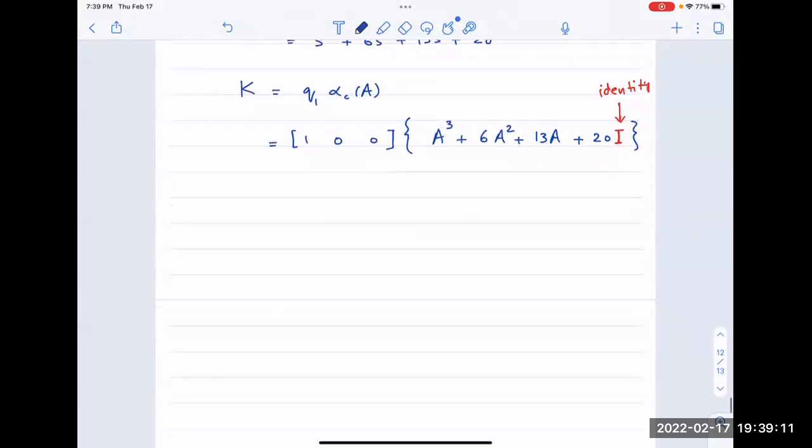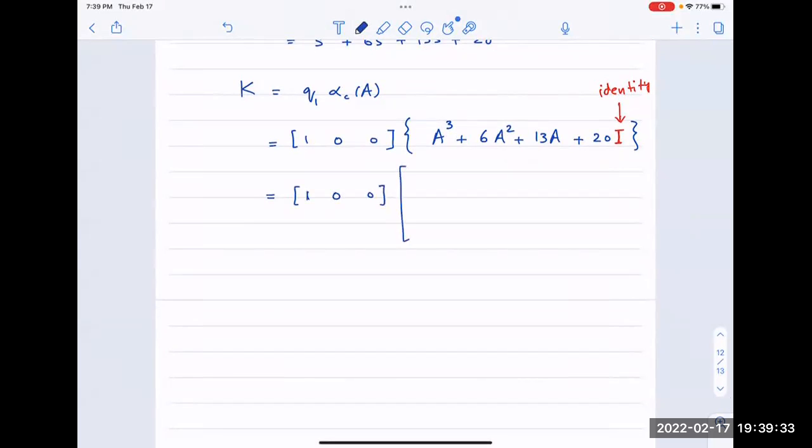All right, so I'm not going to compute it here. Obviously, this is more convenient for computers to do: A cubed plus 6A squared plus 13A plus 20I. But I'm just going to write the result here for reference.